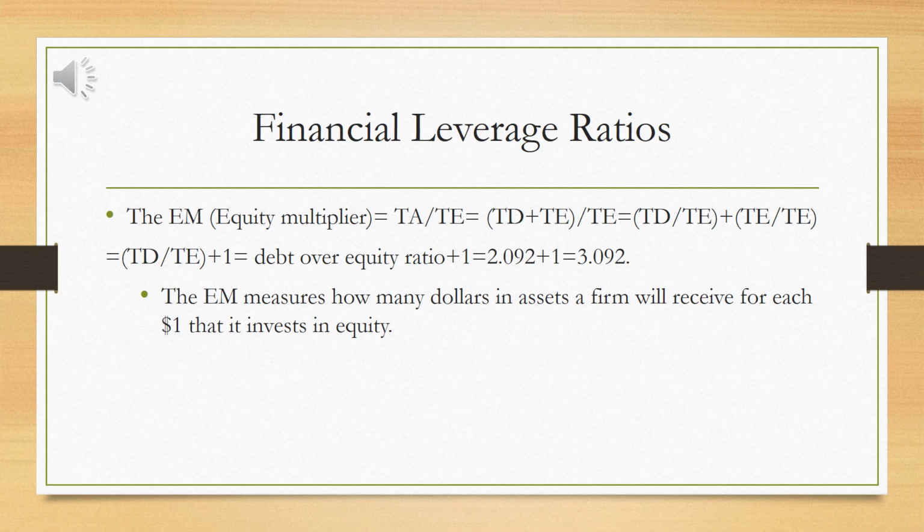Total debt over total equity is the debt over equity ratio. So the equity multiplier equals debt over equity ratio plus 1. The debt over equity ratio was 2.092 from the previous slide. So the equity multiplier is 2.092 plus 1, which is 3.092. The equity multiplier measures how many dollars in assets a firm will receive for each $1 that it invests in equity.